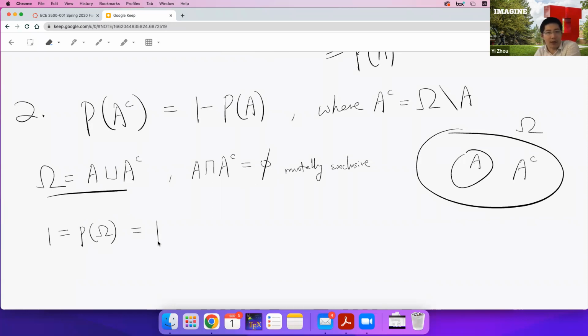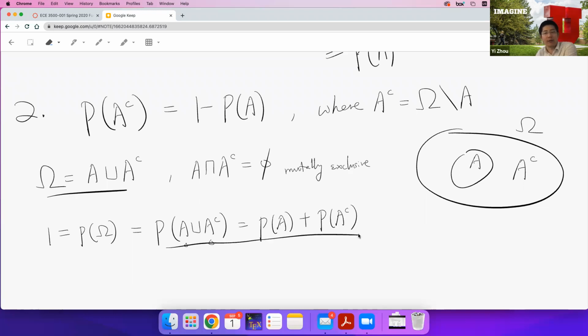And omega is A union A complement, and these two are mutually exclusive, so we can decompose them. Again, this is by the third axiom of probability law. Then you can conclude that P(A complement) equals 1 minus the probability of A. This also matches our intuition.